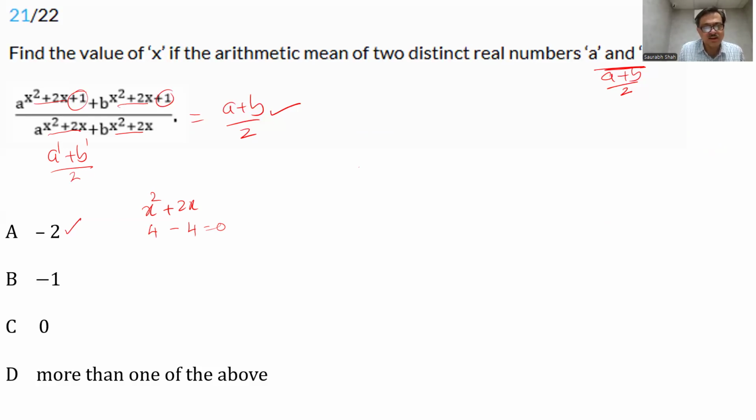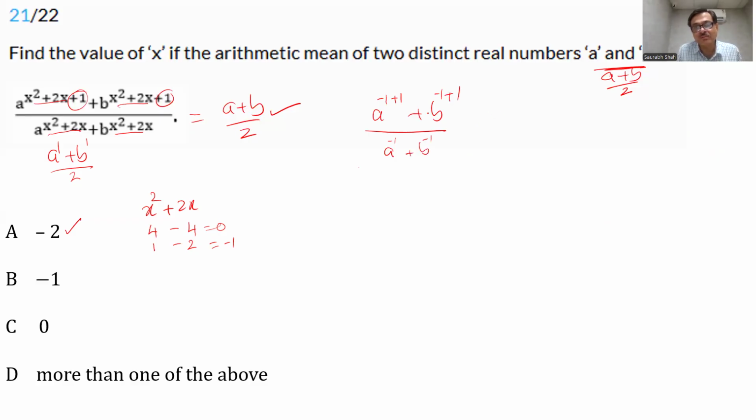Let's try -1. If I put x as -1, -1 square is 1, and 2 into -1 is -2, which gives us -1. So if I put the values of that, we have A raised to -1 plus 1 plus B raised to -1 plus 1 upon A raised to -1 plus B raised to -1.